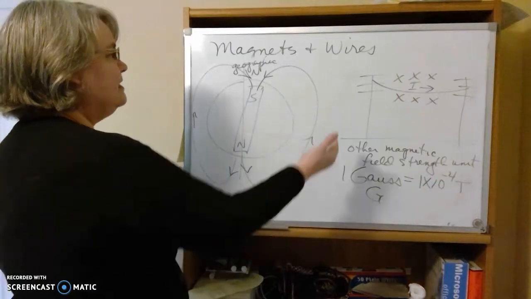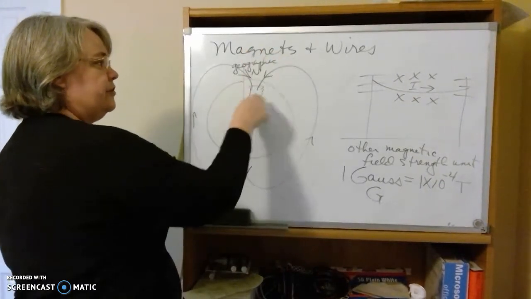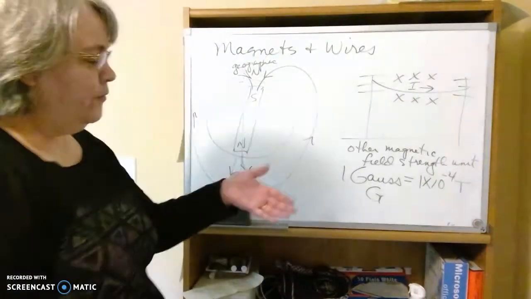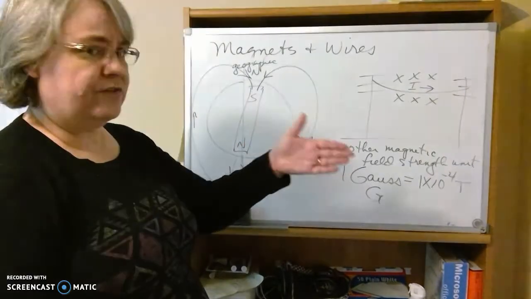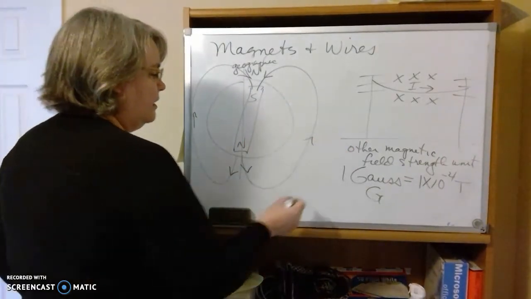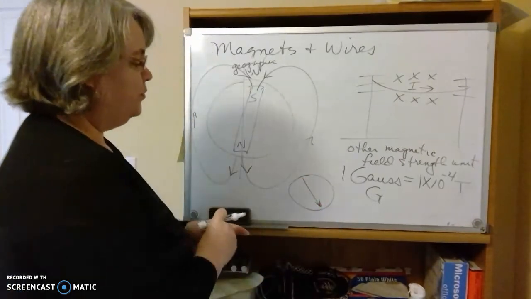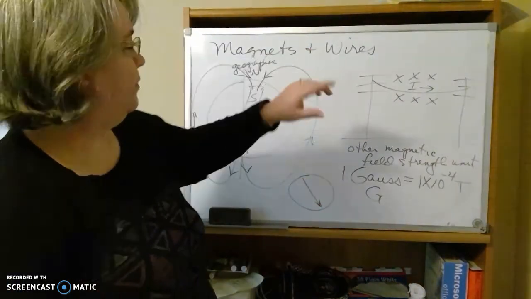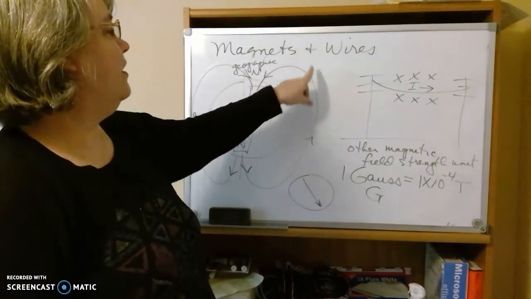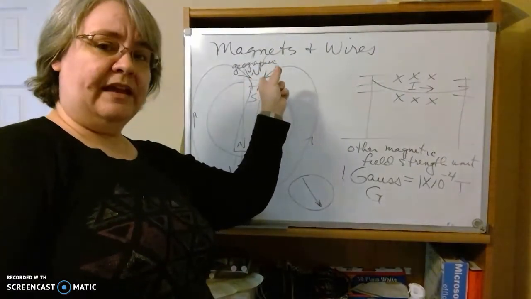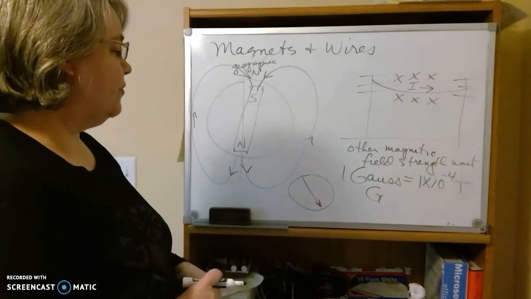As I get closer and closer to the North Pole, if I were to hold my compass in a vertical orientation, what I would see is that the compass would actually point downward because the magnetic field points more and more steeply downward as you go toward the north.